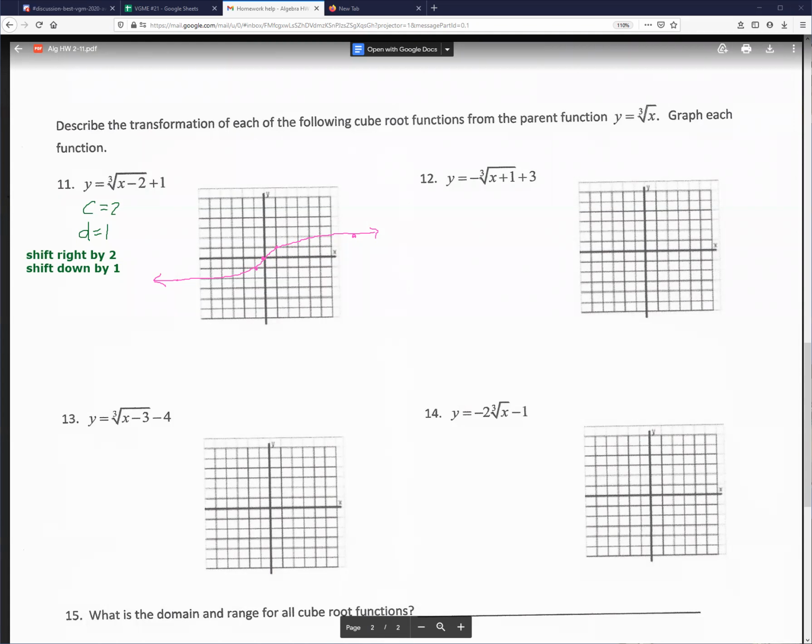Now, let's do the shifting. So we're going to go right by 2 and down by 1. So our origin here is going to go right by 2, down by 1, and then we're going to recreate the same graph from this position. So either you take all the points and you slide them right 2 and down 1, or you say this is 0, 0, so this becomes the new 1, 1. The new 2, 8 is like way out here, so we don't care.